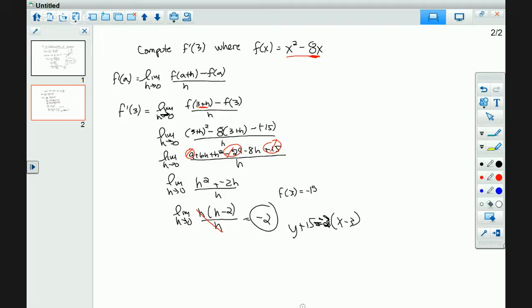That's our focus for these 2 days. Can you calculate a derivative? Okay, let me give you one.